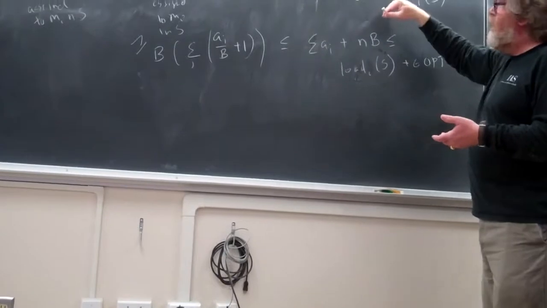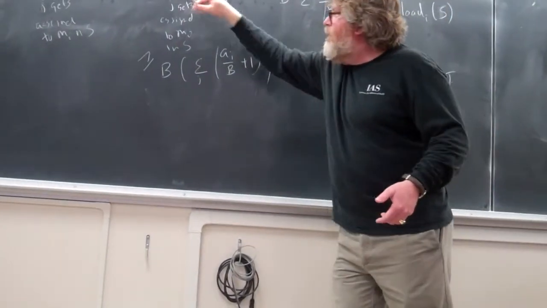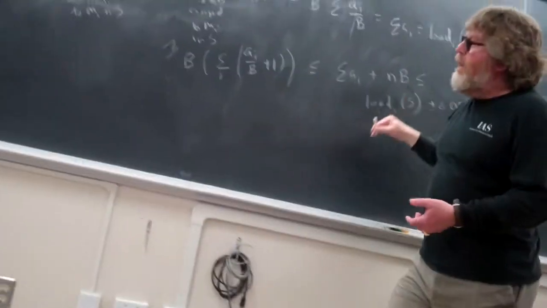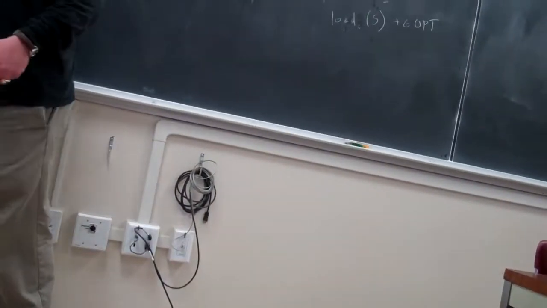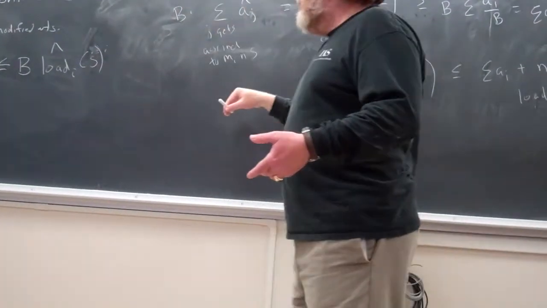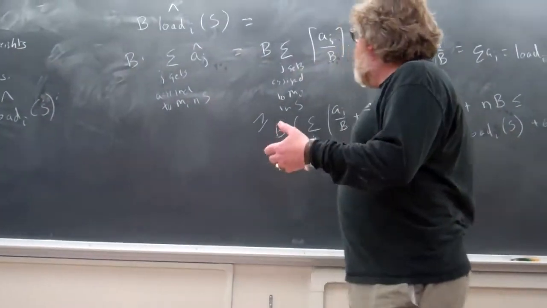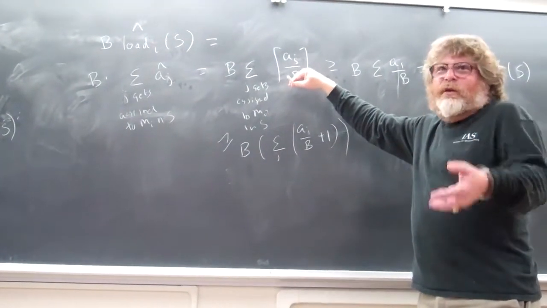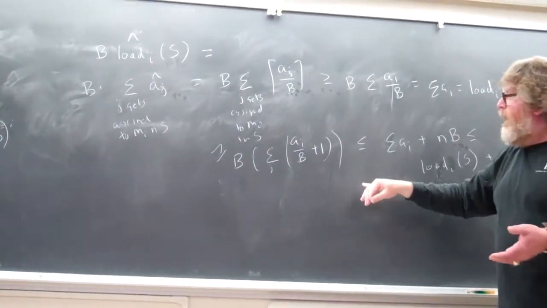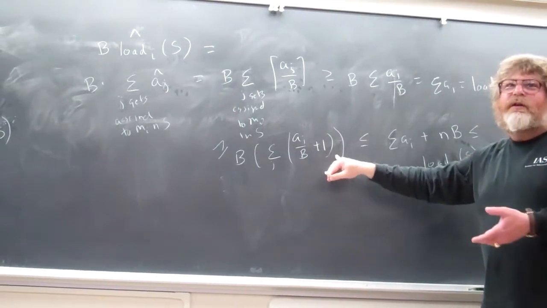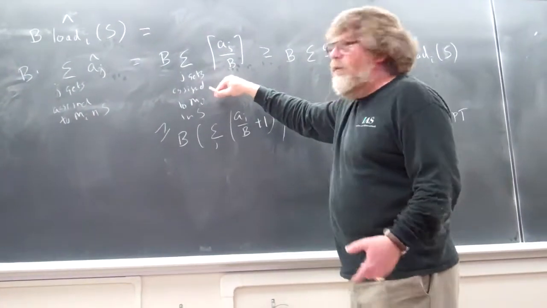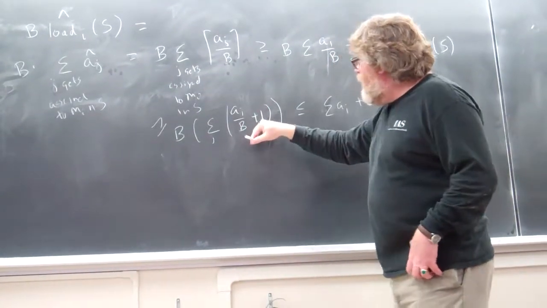So B times this new weight is at least the original weight, or the original weight is at most B times the modified weight. On the other hand, rounding up doesn't make it too much bigger. Rounding something up to the nearest integer only increases it by at most 1. So we can give an upper bound on the same sum, just adding in 1.